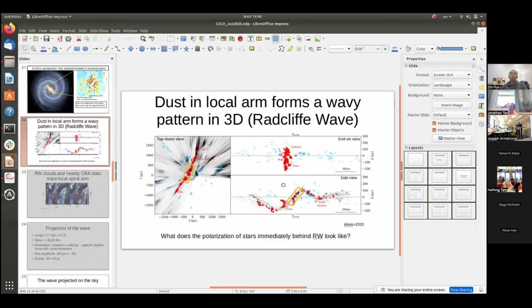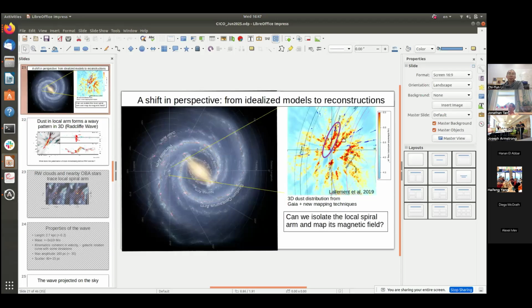Yeah. Very, very interesting. There is a question. Oh, please. So do you only see the Radcliffe wave in this local arm, or is it in other spiral arms too? Yeah, so this is the most clear indication of this wavy pattern. There was a paper that said that also this feature here appears to have a wavy pattern.